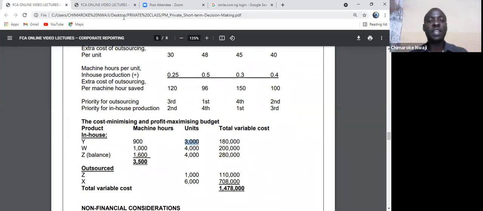In the same vein, 900 is short, it's not up to 3,500.